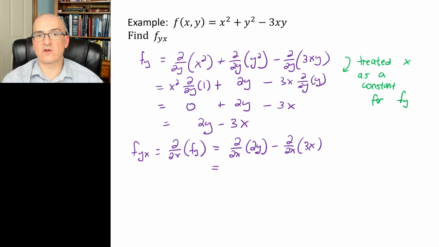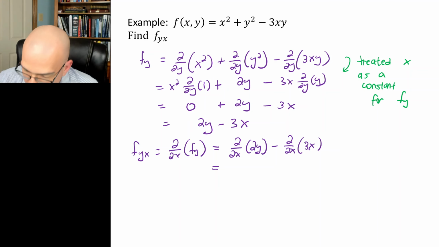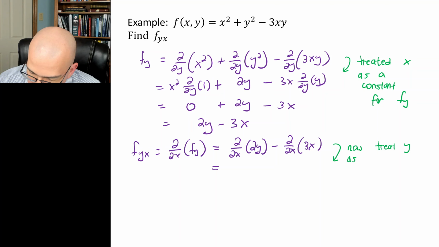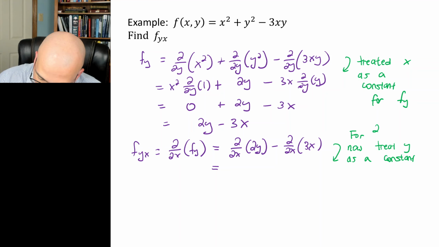You're leaving it held constant, so it has no rate of change for that calculation, and it can be treated that way. For the x derivative, we're going to treat y as a constant and x as the variable.